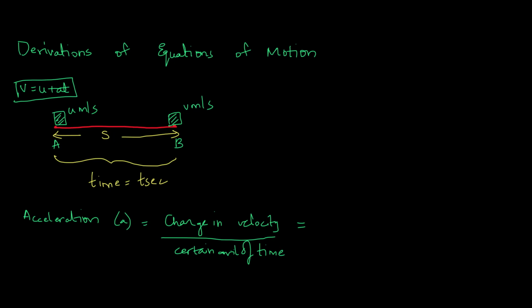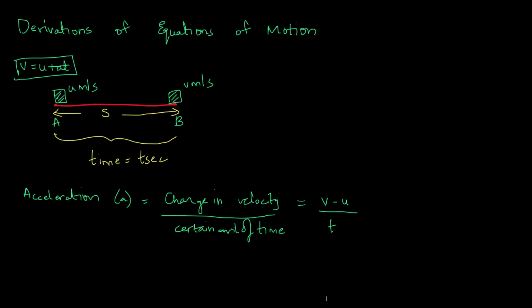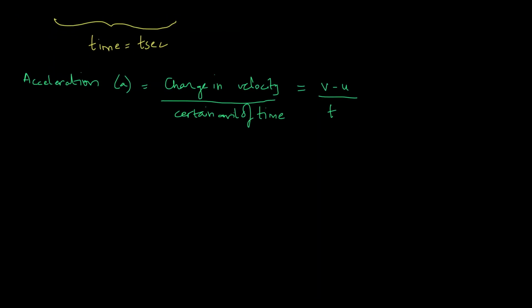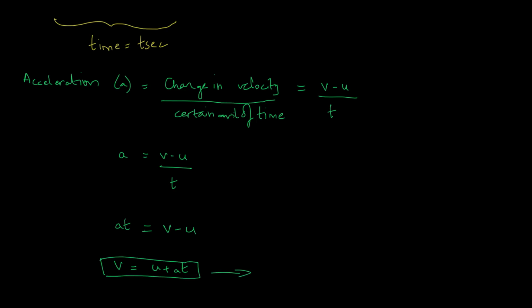Here the change in velocity is final velocity minus initial velocity, divided by time taken. Therefore, we get a = (v minus u) by t. The next step, at will be equal to v minus u. From this equation, we can say v = u + at. This is how we derive our first equation.